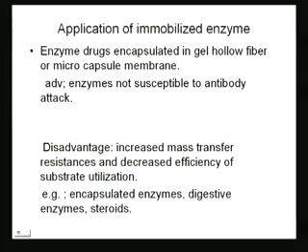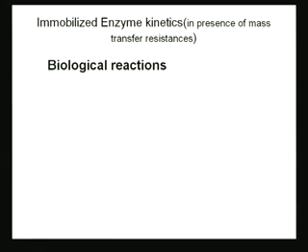Now, before we do that, let's understand, in the presence of mass transfer resistances, what kinds of biological reactions we have. The first kind is homogeneous reaction, right? We studied that in the first 4 or 5 lectures. And at the end of last class, what kind of reaction did you study?